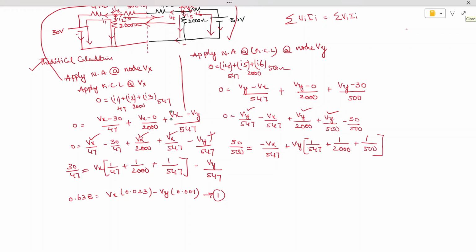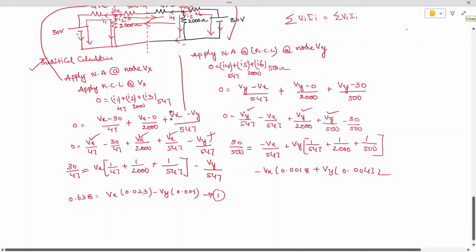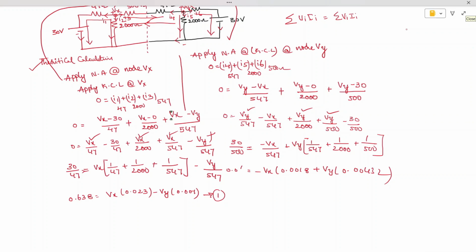Okay, so from here we can express this as minus Vx of 0.0018 plus Vy of 0.00432 equal to 0.06.